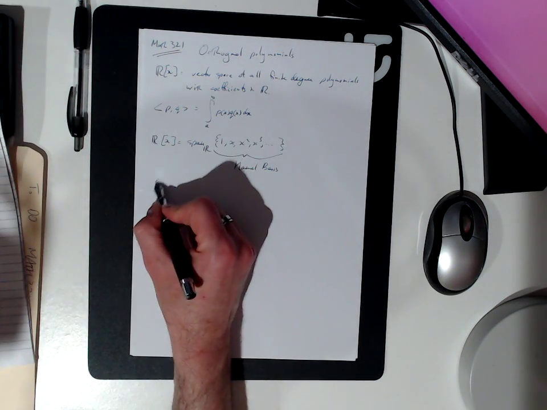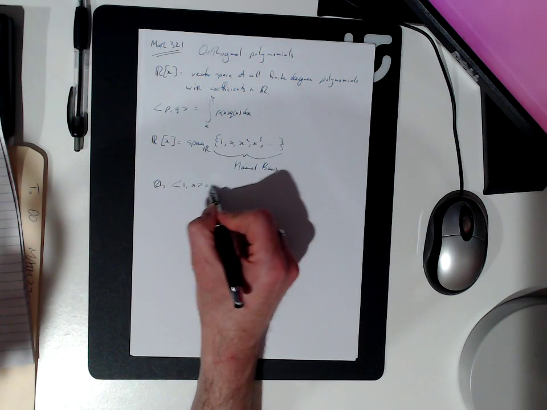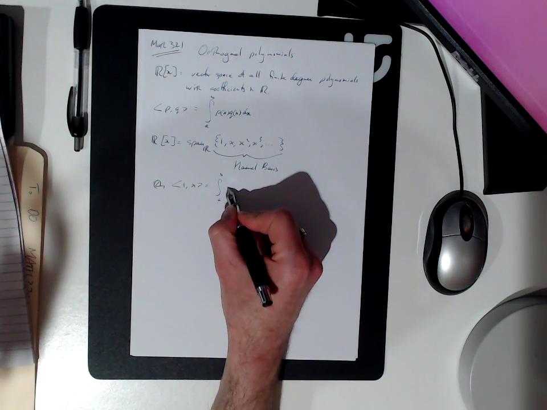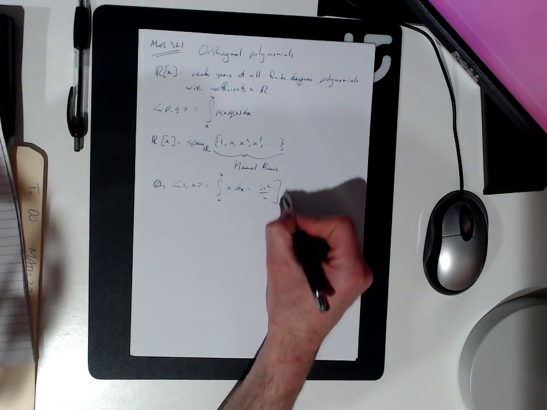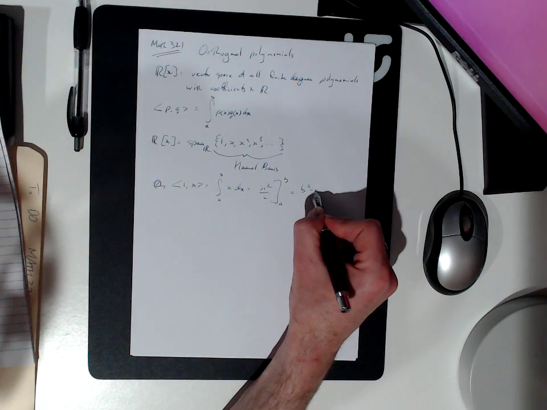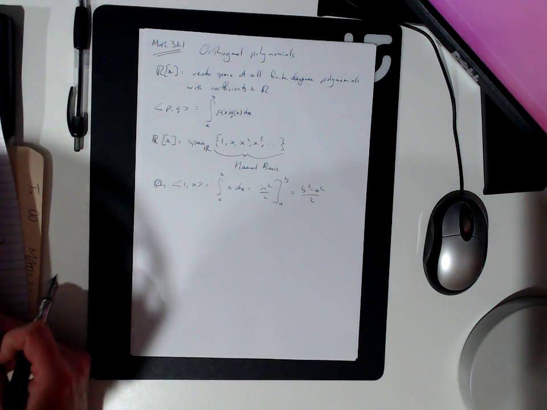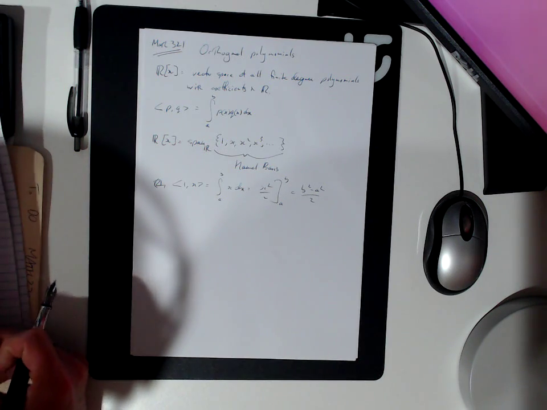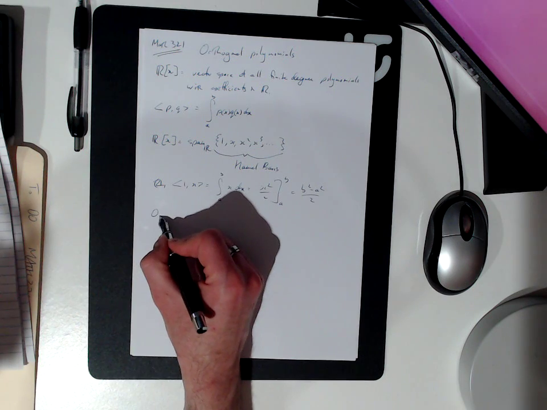For example, the inner product of 1 and x is equal to the integral from a to b of x dx, x squared over 2 from a to b, which is (b squared minus a squared) over 2, which is non-zero if we're dealing with an actual interval. So if you apply Gram-Schmidt to this, you can get an orthogonal basis.